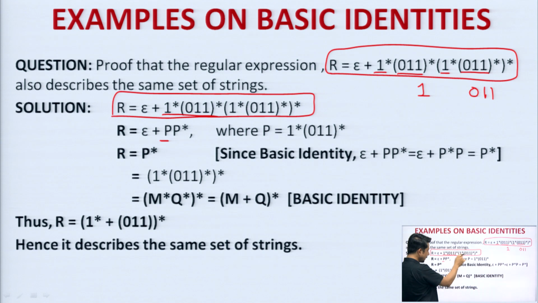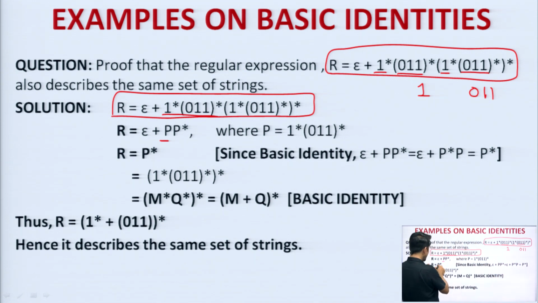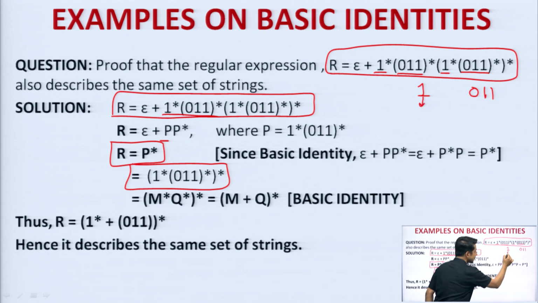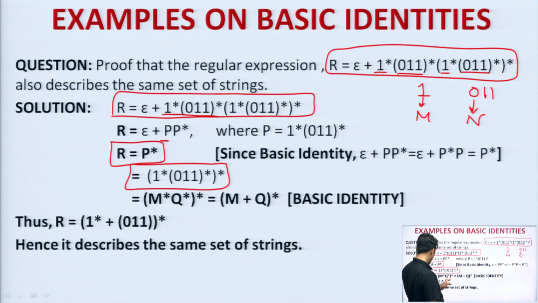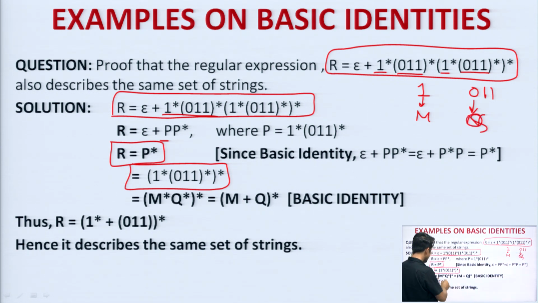So, this expression will act as epsilon plus p star, which is nothing but p star only according to the basic identity that we have seen, identity number 9. Okay. Then I got what? R is equal to p star, that is nothing but this expression, correct. Now, in this expression, if I take 1 as m and 0 1 1 as q, okay, fine, no issue. So, that means m star q star whole to the power star.